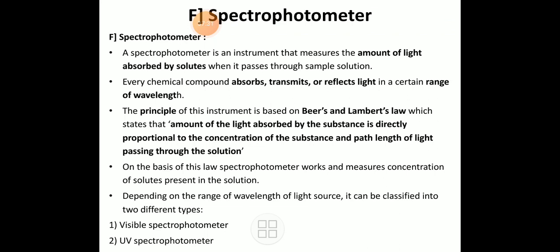Every chemical compound has this property, isn't it? The principle of this instrument is based on Beer-Lambert's law, which states that the amount of light absorbed by the substance is directly proportional to the concentration of the substance and the path length of light passing through the solution. The amount of light absorbed by the substance is directly proportional to the concentration of the substance.